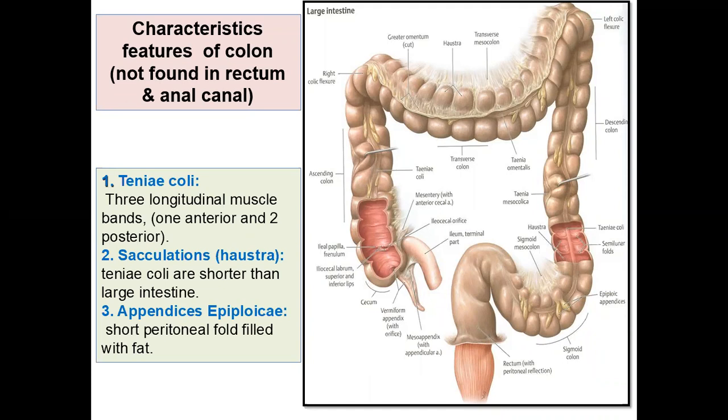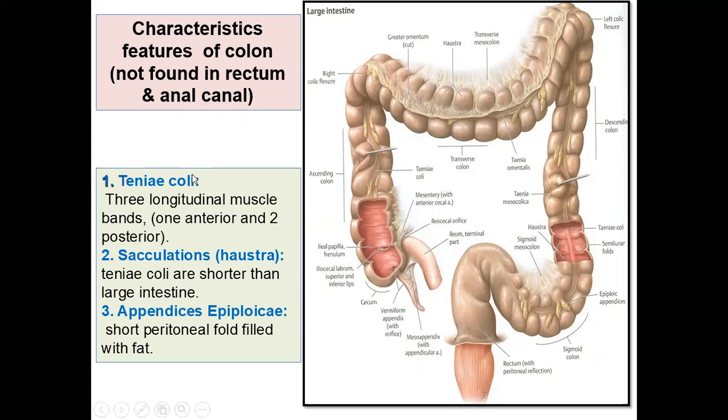So we have to know three characteristic features of the colon or large intestine. But these features are not found in the rectum and the anal canal. Which are those three features?